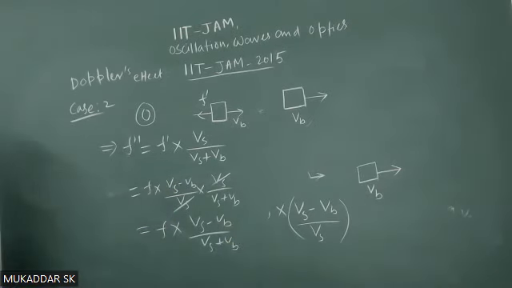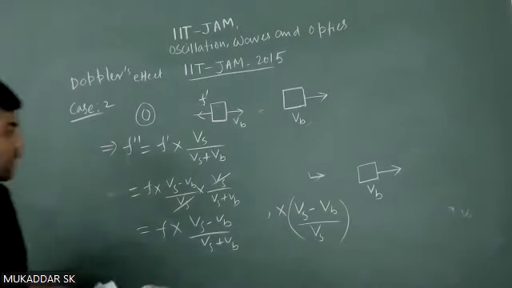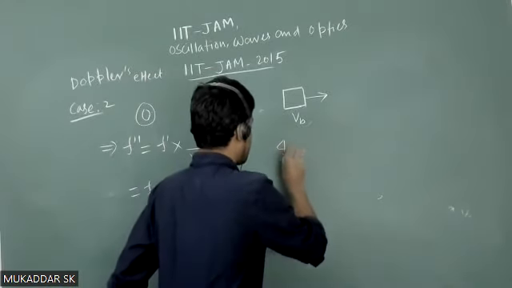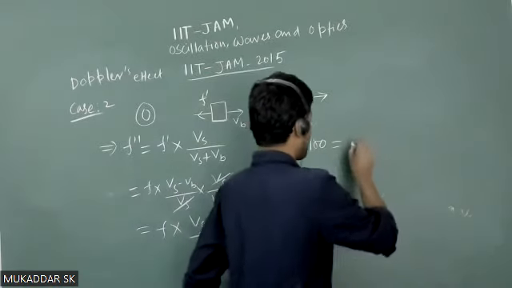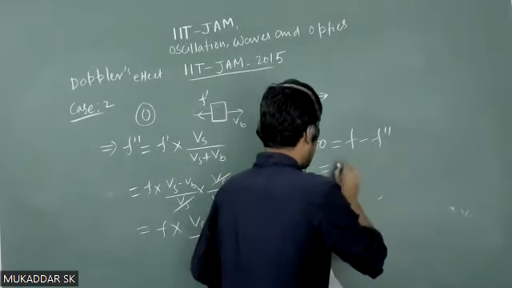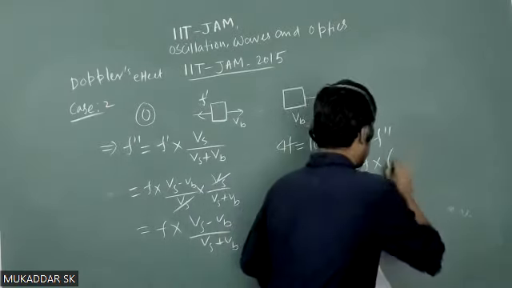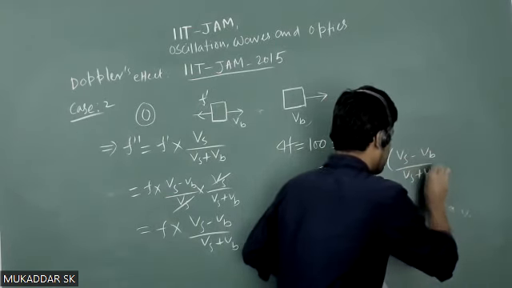This f double dash frequency will make beats with the original frequency f. So I'll write delta f, which equals 100, equals f minus f double dash. Substituting the value, it is f into Vs minus Vb divided by Vs plus Vb.